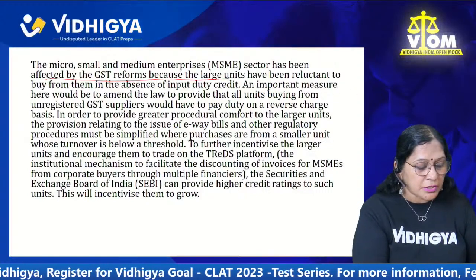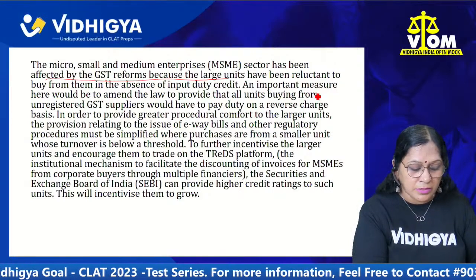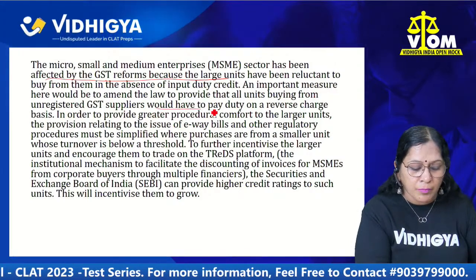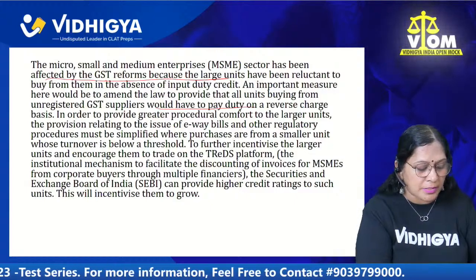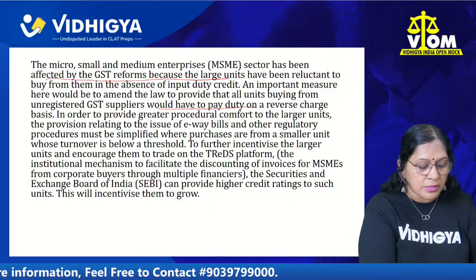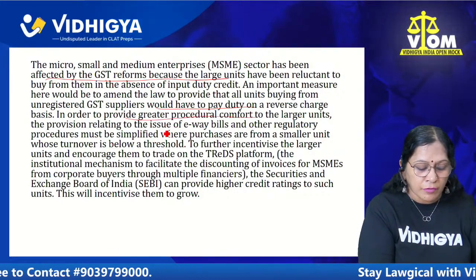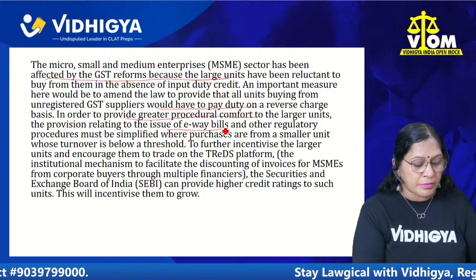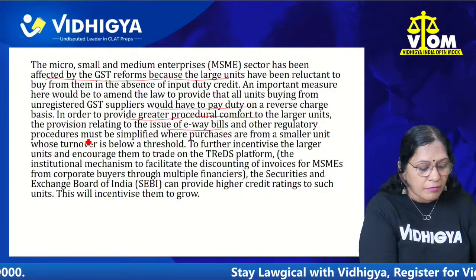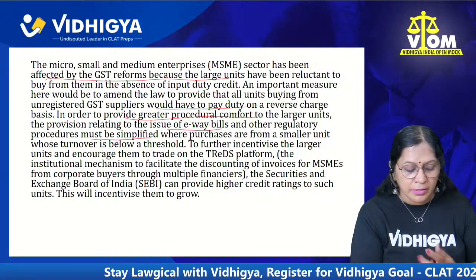So, an important measure here would be to amend the law to provide that all units buying from unregistered GST suppliers would have to pay duty on a reverse charge basis. In order to provide greater procedural comfort to the larger units, the provision relating to the issue of e-way bills and other regulatory procedures must be simplified where purchases are from a smaller unit whose turnover is below a threshold.